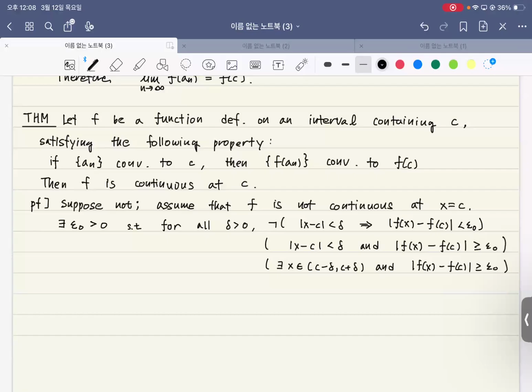Okay, all right. So I guess we are all agreed on the negation of the statement. It's time to give you the proof. Since we are assuming that my function is not continuous at the point, there must be such an epsilon zero, right? Now for this epsilon zero, no matter how small my delta is, this condition must be true.